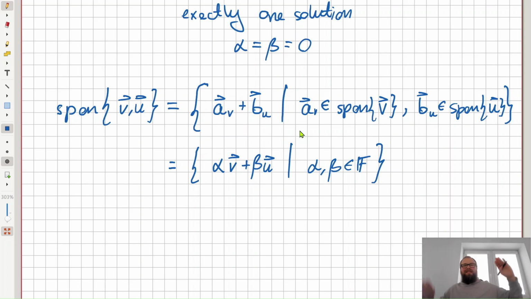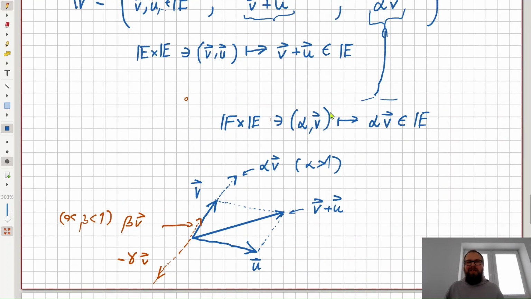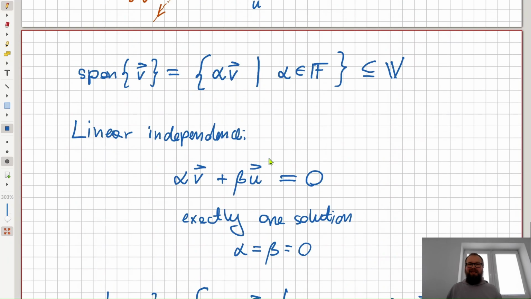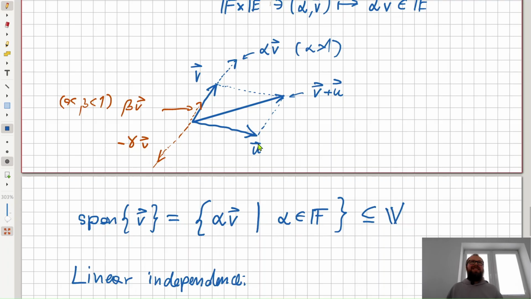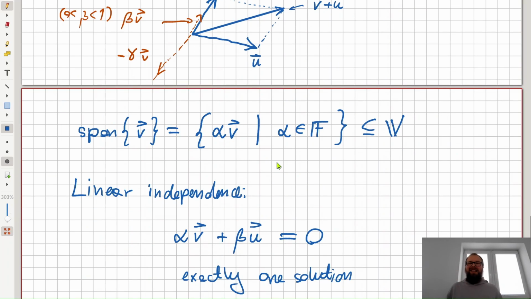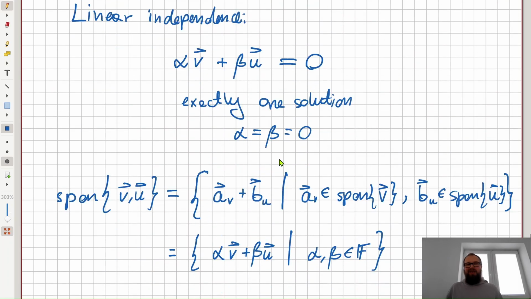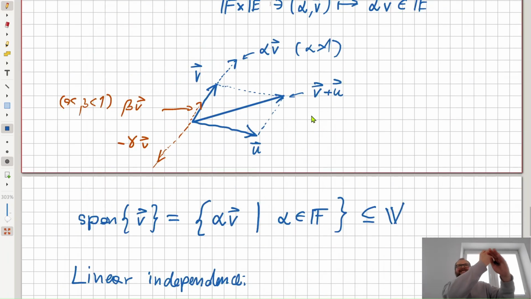They span, in this case, all the arrows I could imagine drawing here, which you can probably see if you just try to draw it. Okay, so if I looked for another vector that is linearly independent of those two, I would have to go outside of the plane, right?